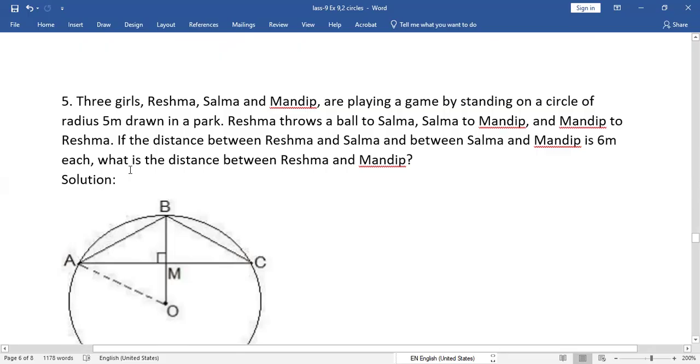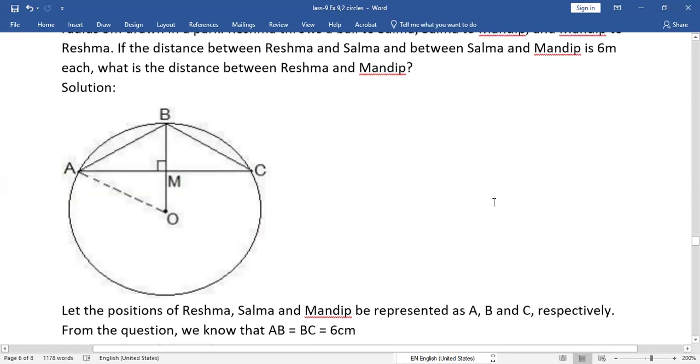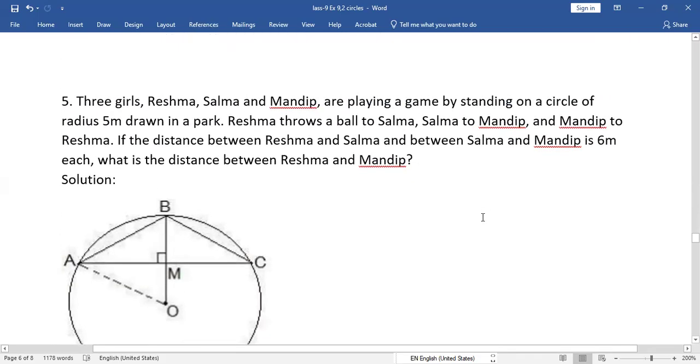Okay, so this is given. Standing on a circle of radius 5. That means this is 5 centimeter. Reshma throws a ball to Salma. Three girls.